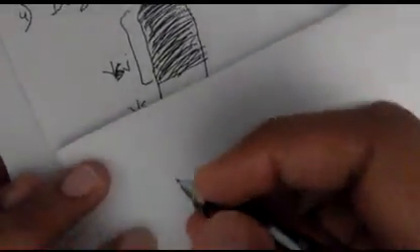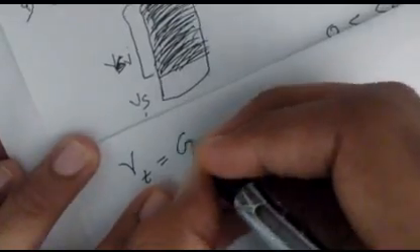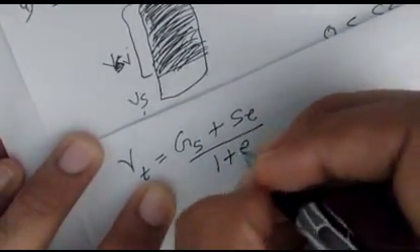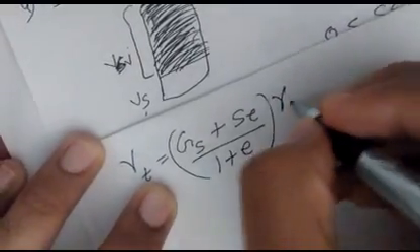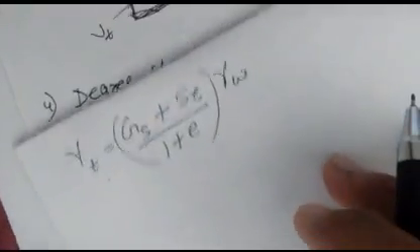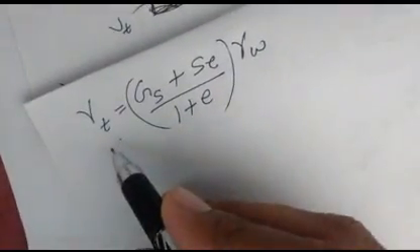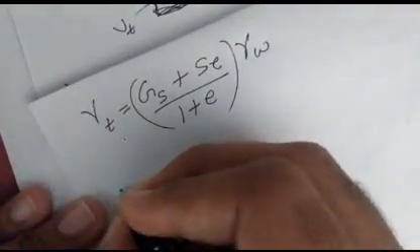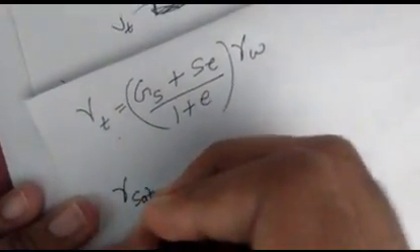Then we will start with a few, like I'll just repeat this. Gamma total is equal to, we need to learn this formula, GS plus S E by 1 plus E into gamma W. This is bulk unit weight. Now if I am finding gamma sat, it is easy.